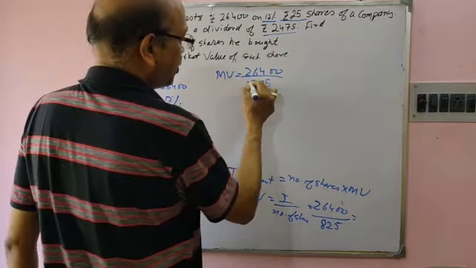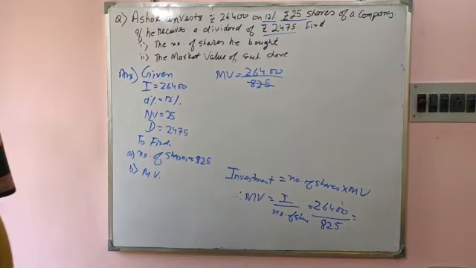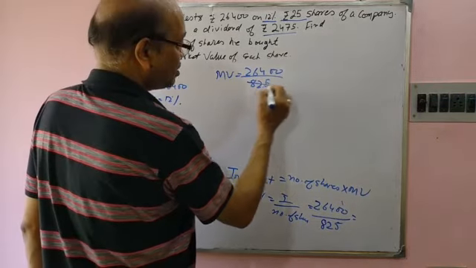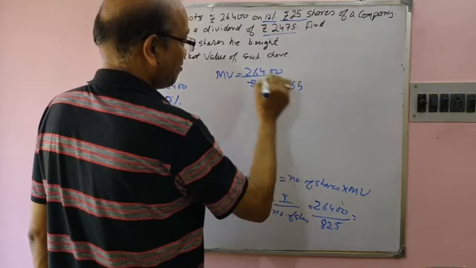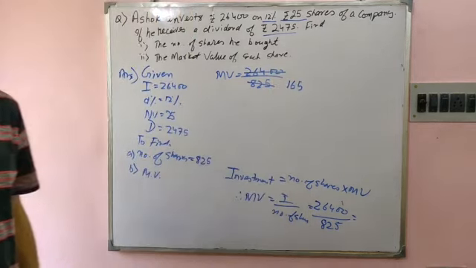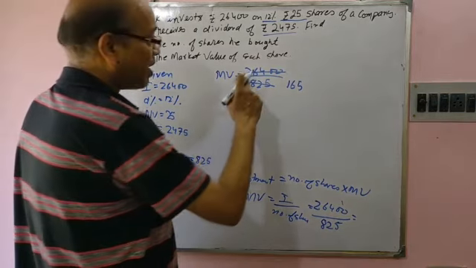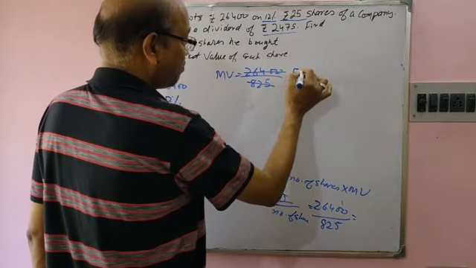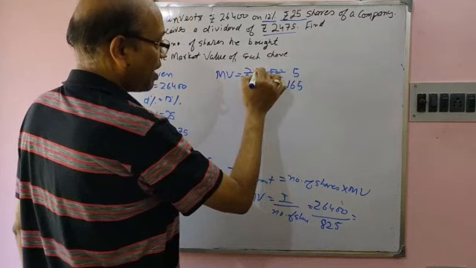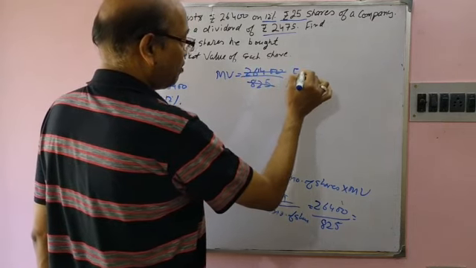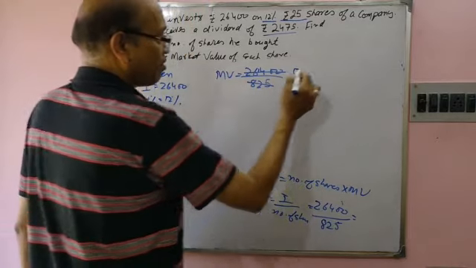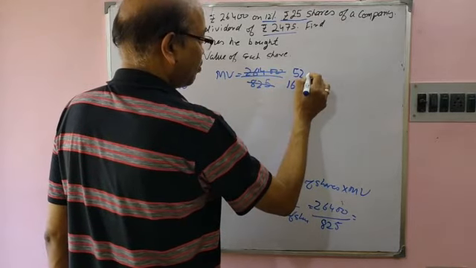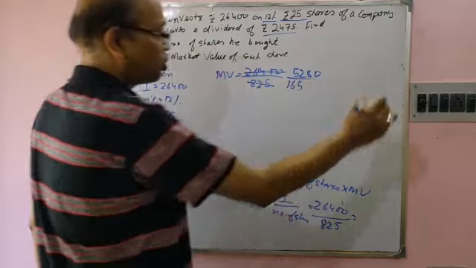By 5, if you divide by 5, how much does it come to? 26400 by 5 is 5280, 825 by 5 is 165.